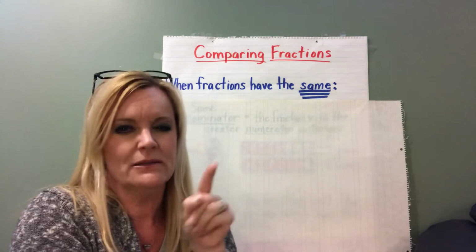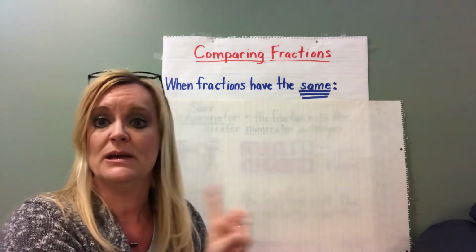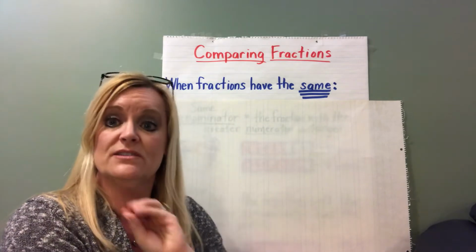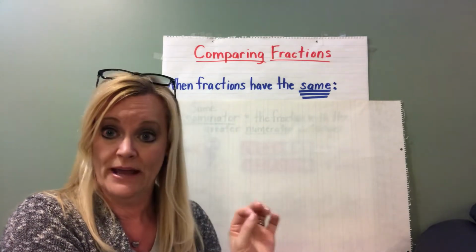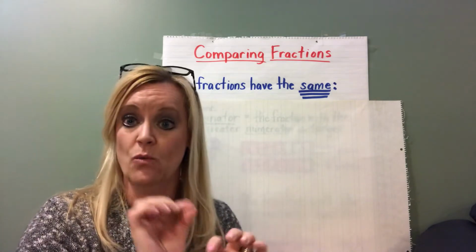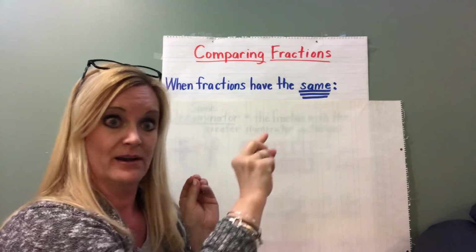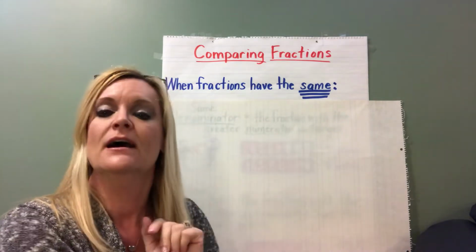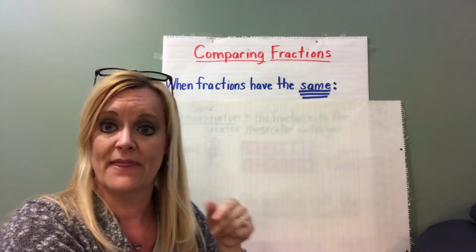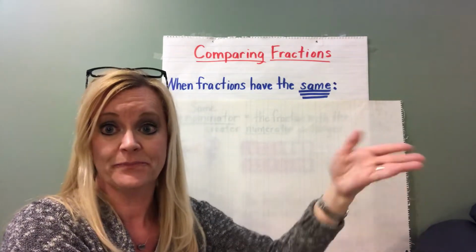You'll have to have that knowledge in the back of your head today, because we'll either be comparing fractions with the same denominator or the same numerator, and then there's little tricks that go with that to help you know which fraction to pick for the bigger fraction, because we would want to do the greater than symbol first. And then you would know, of course, when you read that problem, whether or not it was greater than, less than, or equal to. Okay?